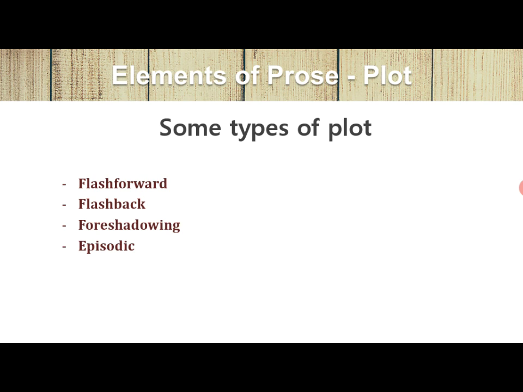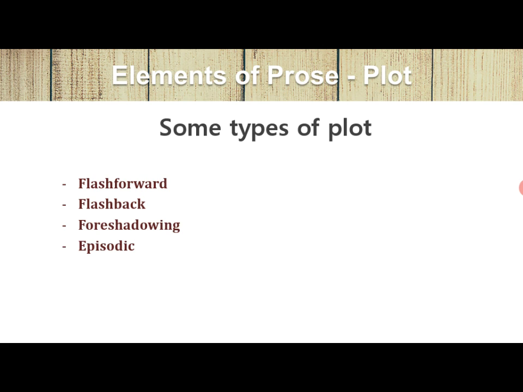So it means that those stories, if they are combined, become one story. But actually, they could be independent stories, different stories which have connections with others and contribute to a story. That's episodic plot. The example for me could be seen from A Visit from the Goon Squad by Jennifer Egan.